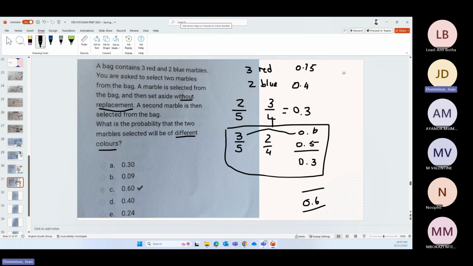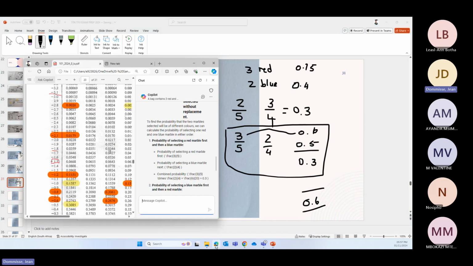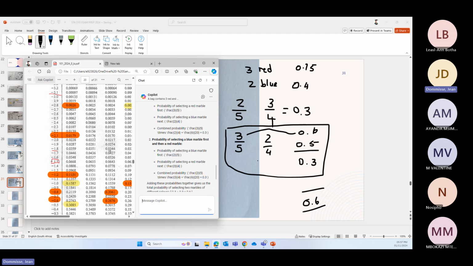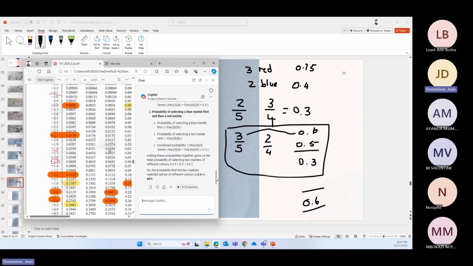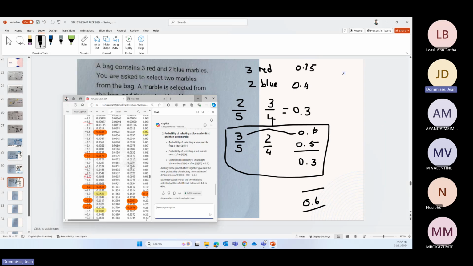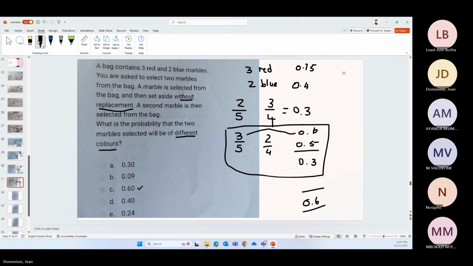Okay, so Copilot is quite nice in this one for us. I've written down everything like we should, but I would not have gone on to add those. Basically what we should have done is: if blue was selected and then red, we got 0.3.